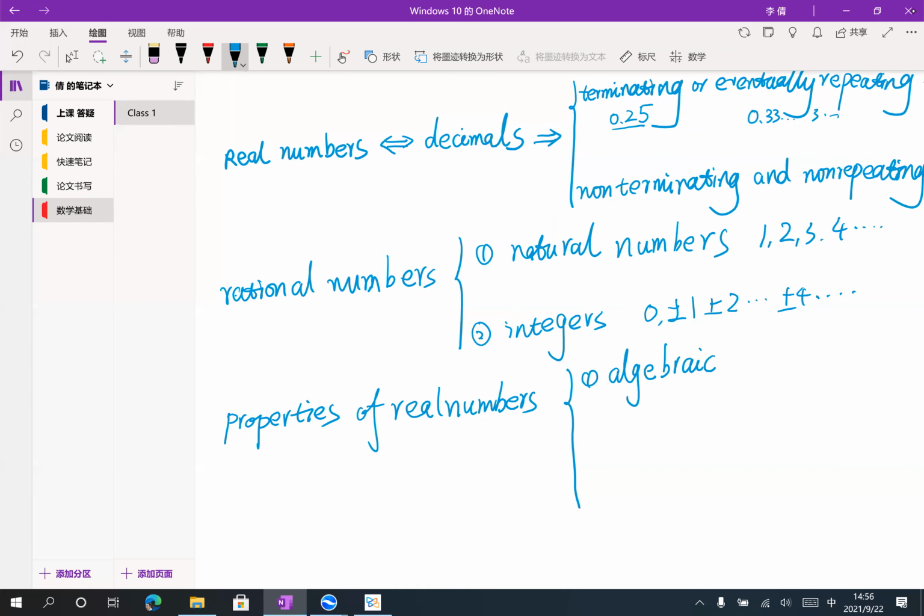Algebraic properties mean if we add, subtract, multiply or divide a real number by another real number, then we will get a new real number, right? And this is the algebraic property. And the second property is the order property.